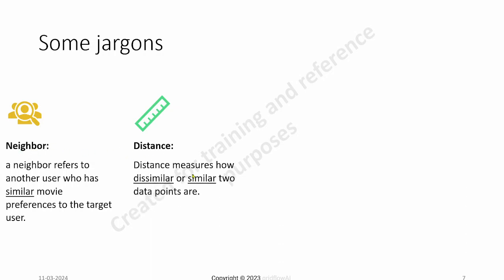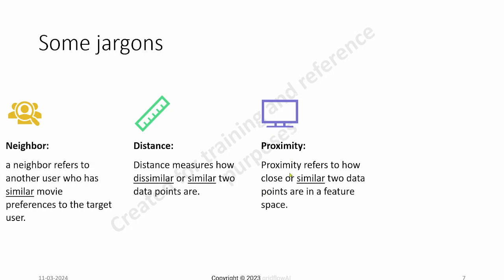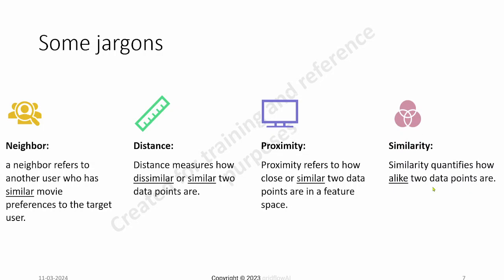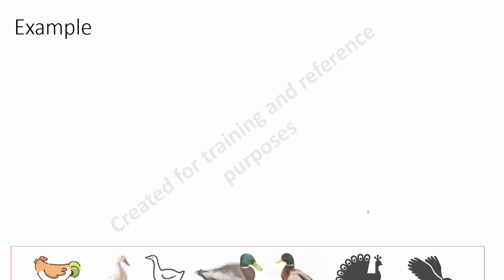That means the distance measures the similarity or dissimilarity between two data points. One more term that we use is proximity, which is similar to distance. Proximity means how near the test point is to some of the other points in the data set. All these four terms are essentially the same as used in the neighbors algorithm.